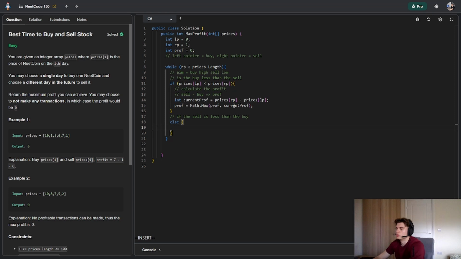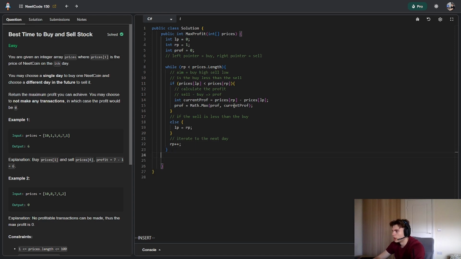So what do we do? We move the buy pointer to where the sell pointer is, because it's the new lowest value, and then we just move on. And whilst we've done our comparisons, we want to move the right pointer forwards, so iterate to the next day. So we just literally say plus plus.